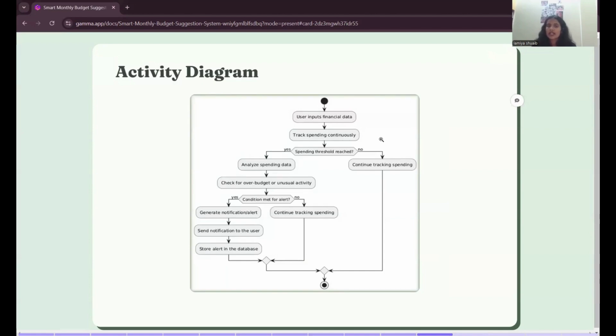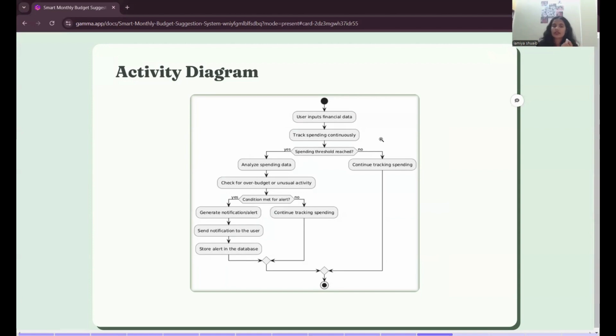Then, spending threshold reached. They have a threshold, and once the threshold has been reached, we have a decision: if yes, then it analyzes how much he or she has spent. If not, it continues tracking the spending.